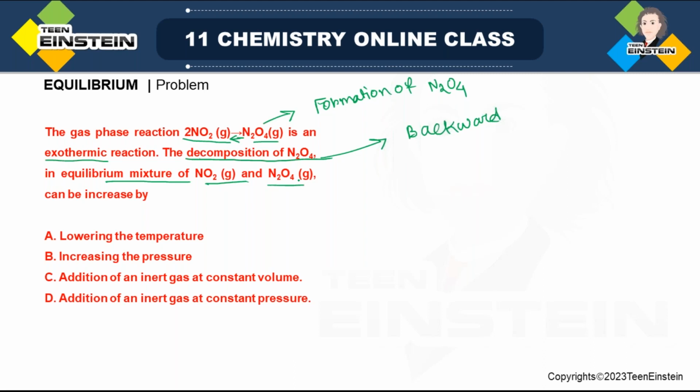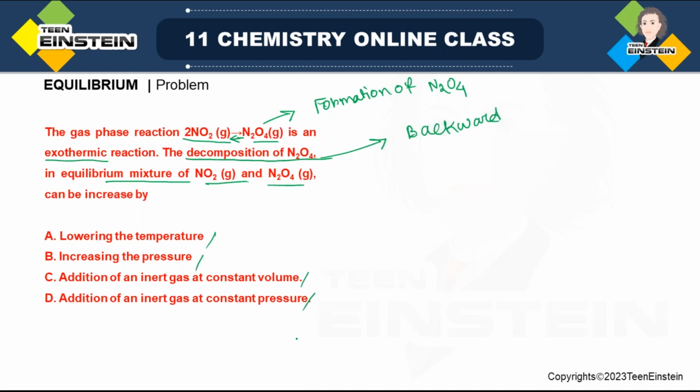It is not that you will get all products. As it is an equilibrium mixture, there will be a mixture of both NO2 as well as N2O4. So it is asking the decomposition of N2O4, that is the backward reaction, in an equilibrium mixture of these two substances can be increased by which of these four, A, B, C, D? In simple words, it is asking in which case backward reaction will be favored. That is a simple way you can state this problem.